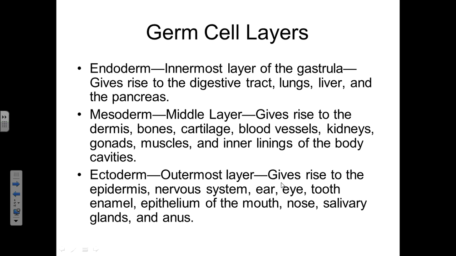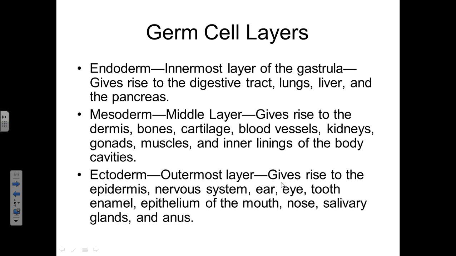And it makes the epithelium, which is like the lining of the mouth, the nose, the salivary glands, and the anal cavity, the anus. So again, ectoderm, outermost germ layer, makes things usually toward the outside part of your body, the outer layer of the skin, a lot of the sensory organs that are on the outside, like ears and eyes, the outer part of your teeth, the enamel, and the linings, the epitheliums of the openings into your body, like the mouth and the nose and the anus.